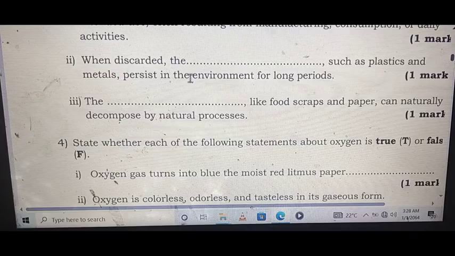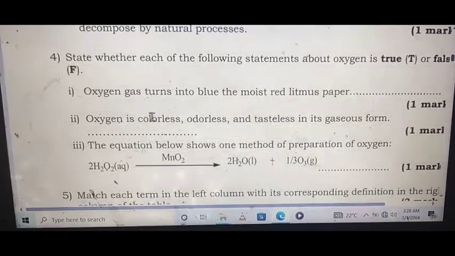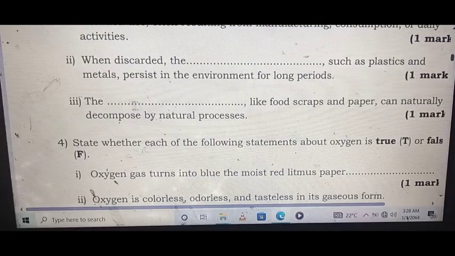When discarded, such as plastics and metals persist in the environment for long periods. The correct answer is non-biodegradable waste. 3.